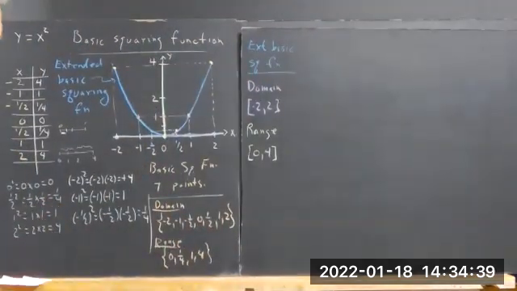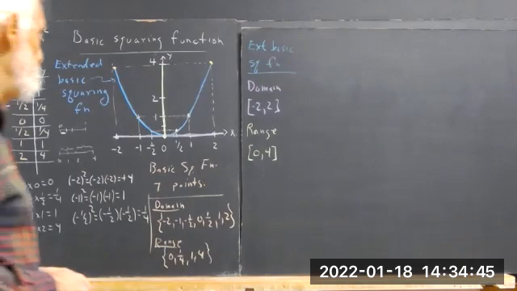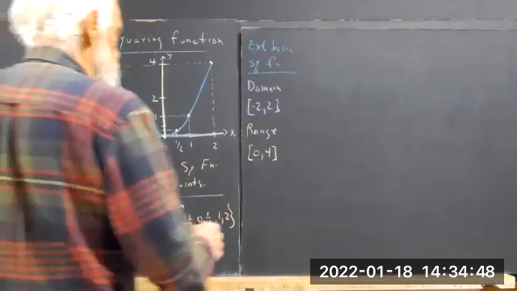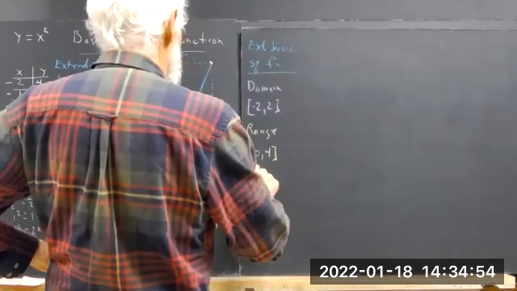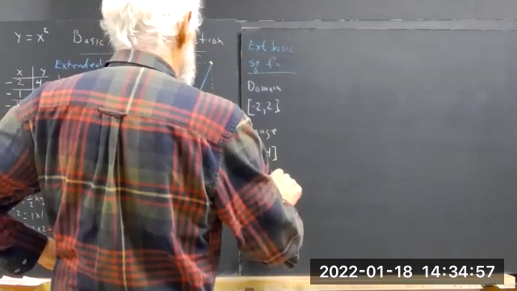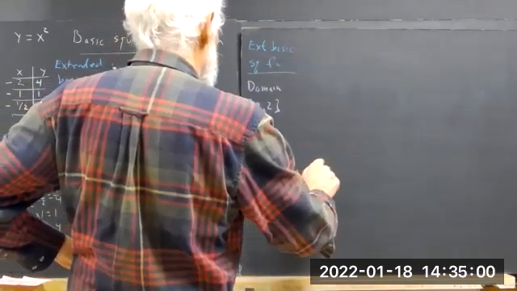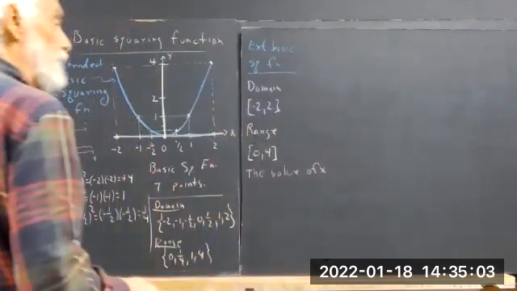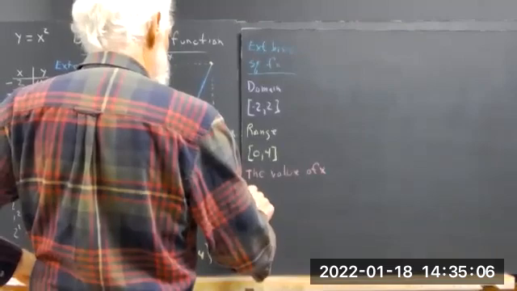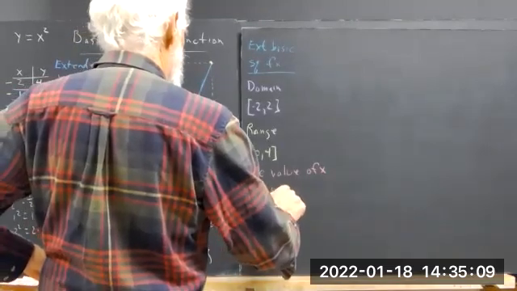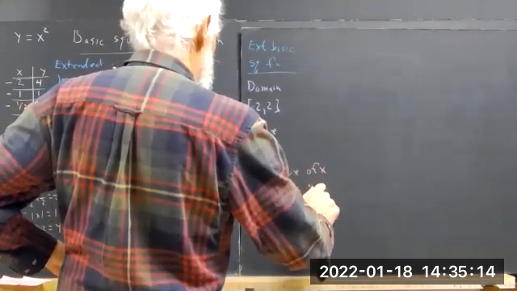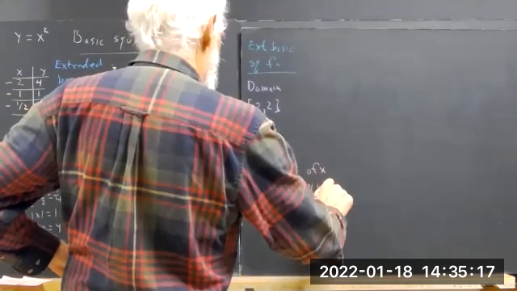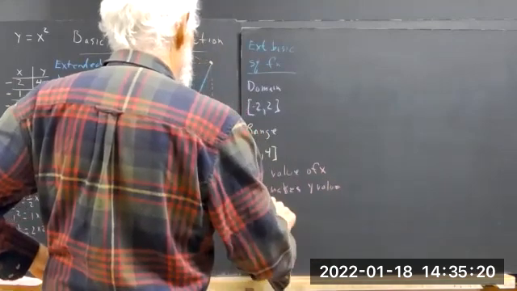For example, one useful thing to see on this graph is the value of x next to y value 2.